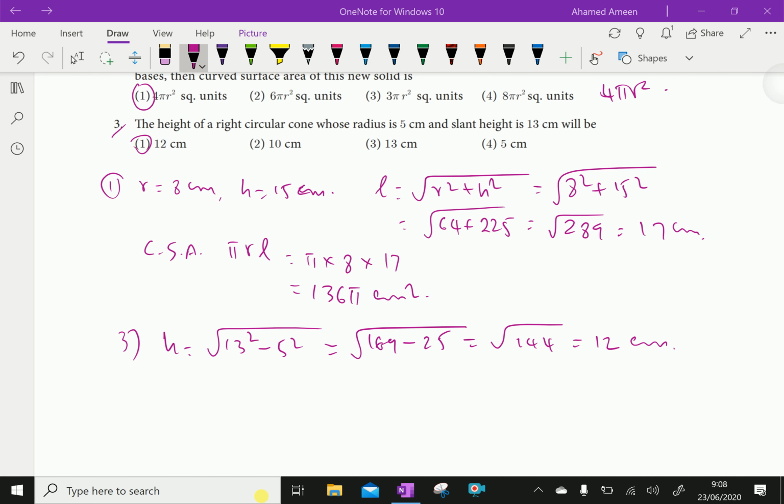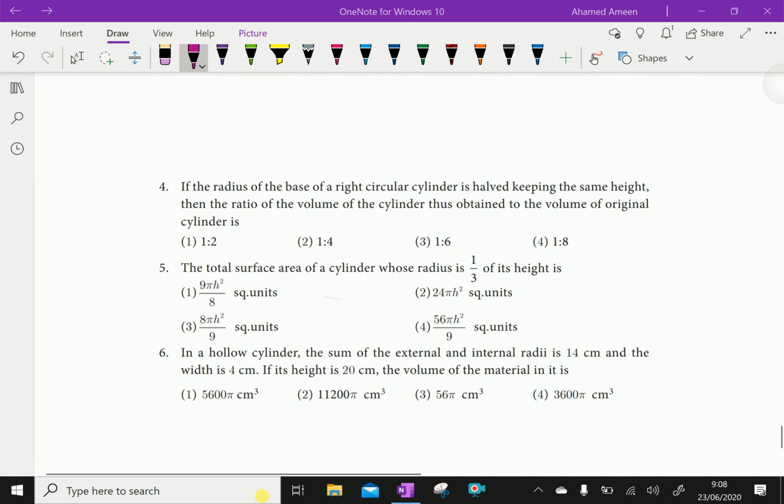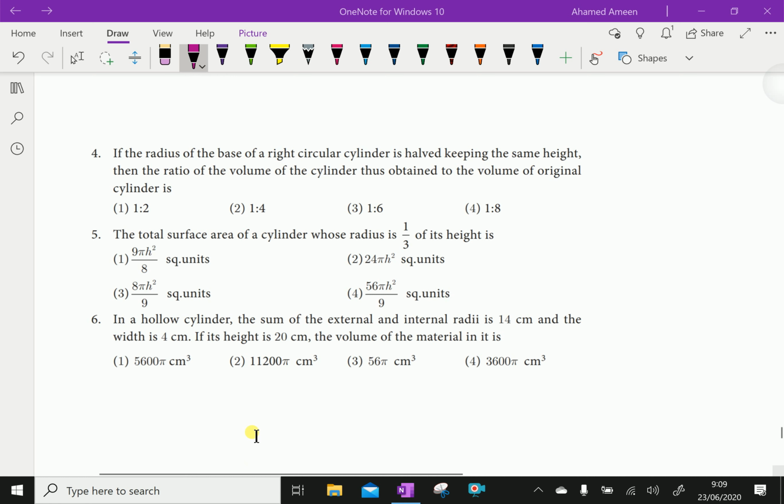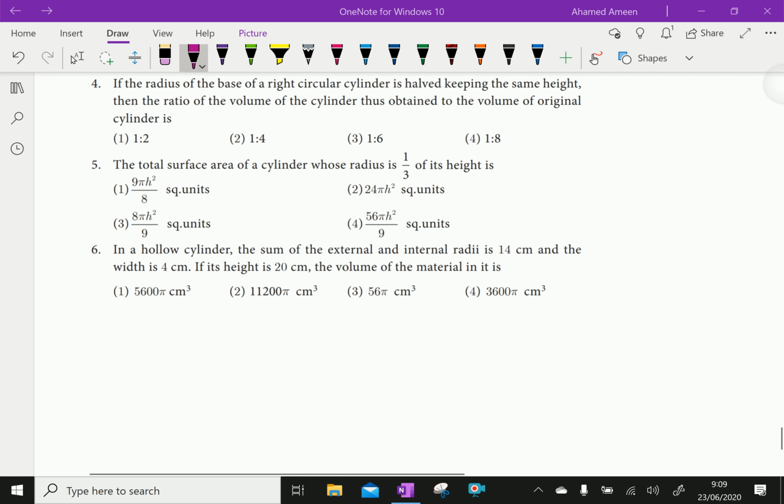Question number 4. The radius of the base of the right circular cylinder is halved, keeping the same height. Then the ratio of the volume of the cylinder thus obtained to the volume of the original cylinder is. Here we have to find V2.